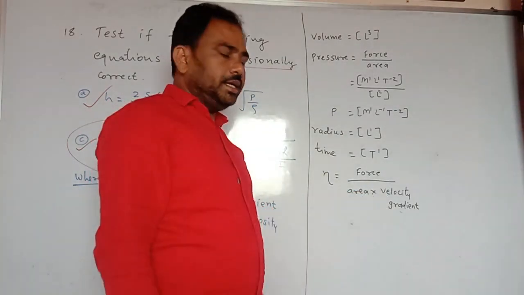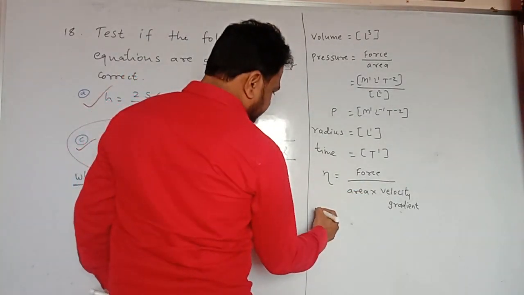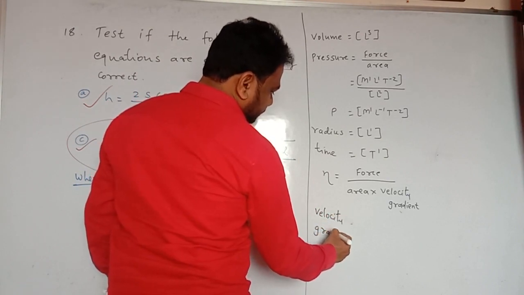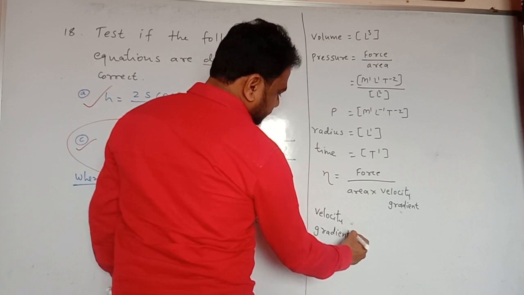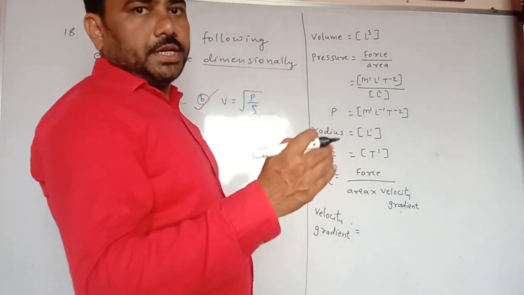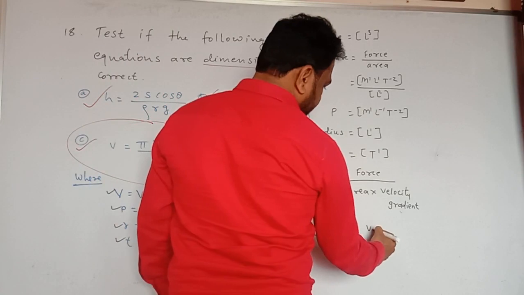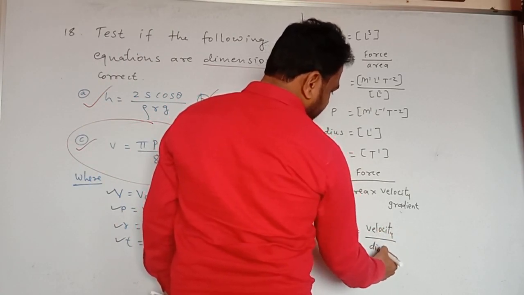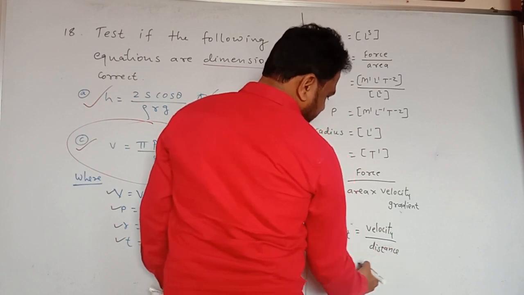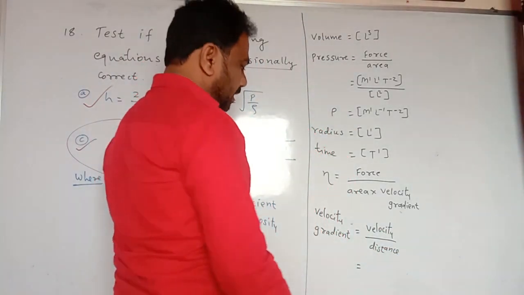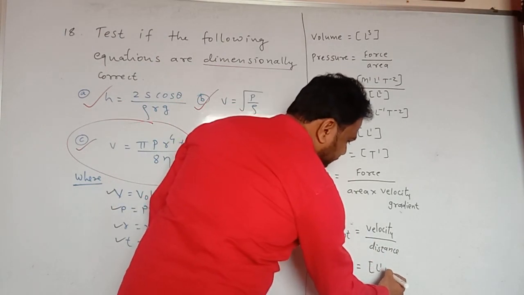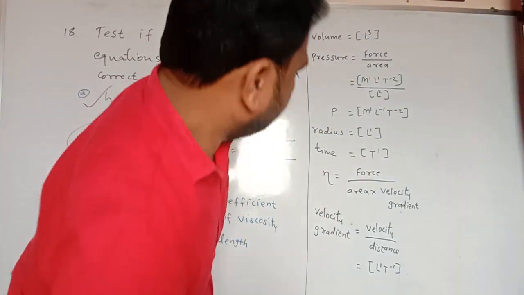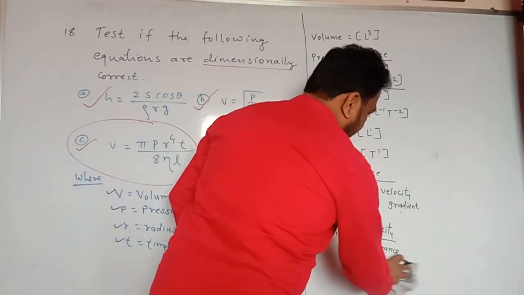What is velocity gradient? Velocity gradient means velocity divided by distance. What is the dimension of velocity? That is L1 T minus 1.